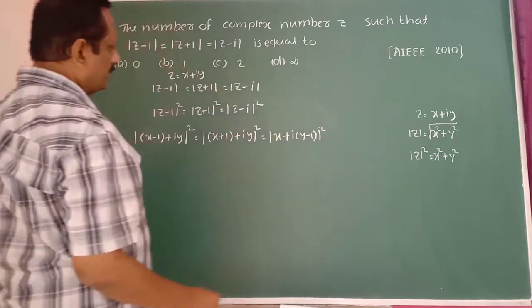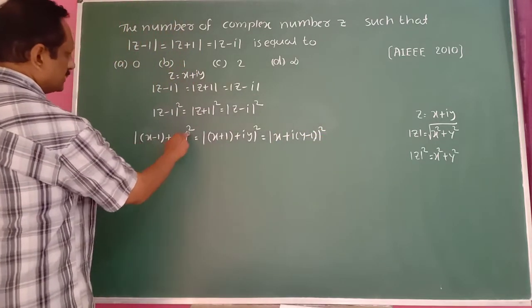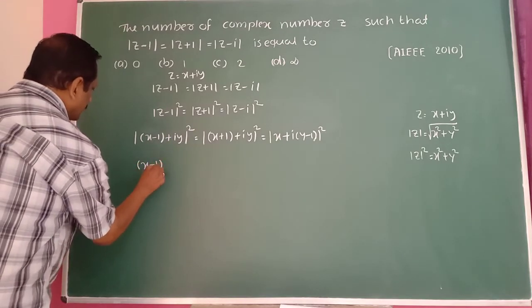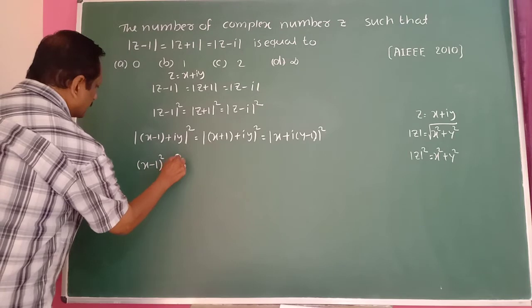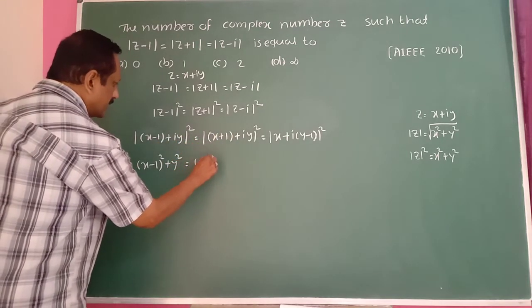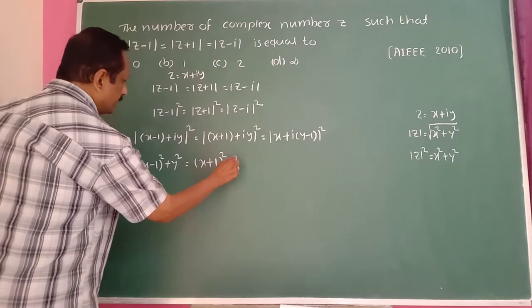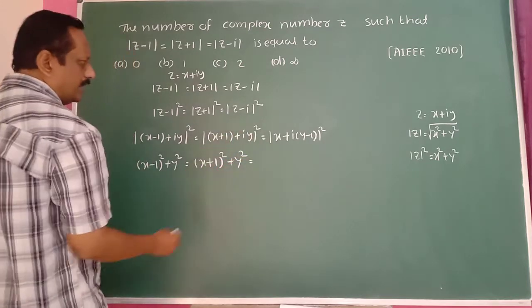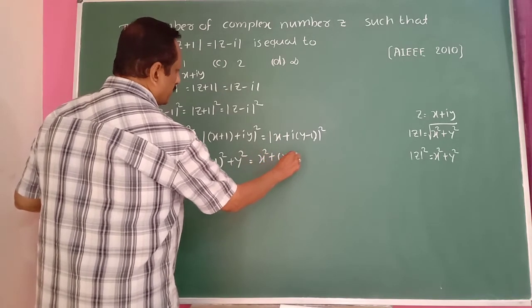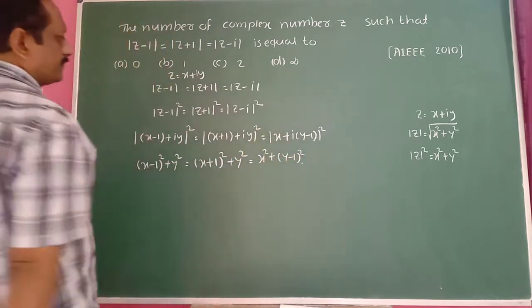Therefore, the modulus of this whole square gives x minus 1 whole square plus y square. And the modulus of this gives x plus 1 whole square plus y square. And the modulus of this is x square plus y minus 1 whole square.